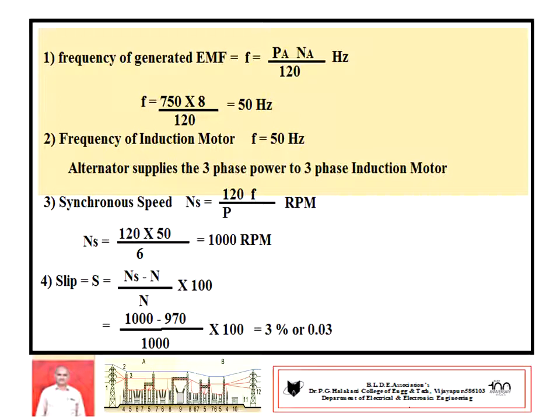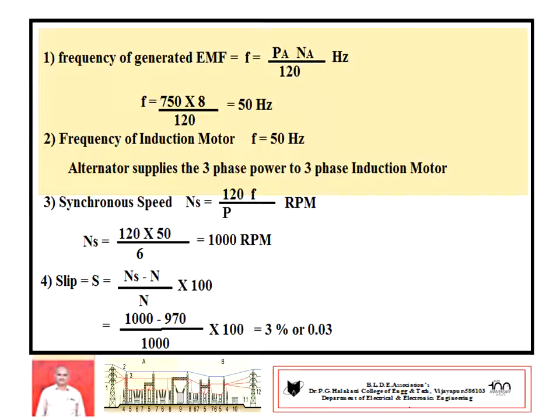To avoid confusion, we have taken PA, poles of alternator, and NA, speed of alternator. Hence, take poles of alternator 8, speed of alternator 750 rpm. Calculate frequency, f equal to 50 hertz. This is only indirect.